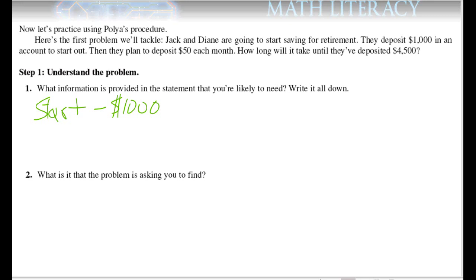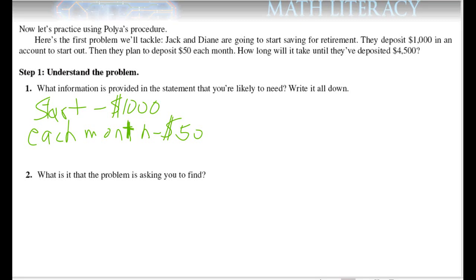They plan to deposit $50 each month. And you see, we're already starting to talk about a start and what happens every time.